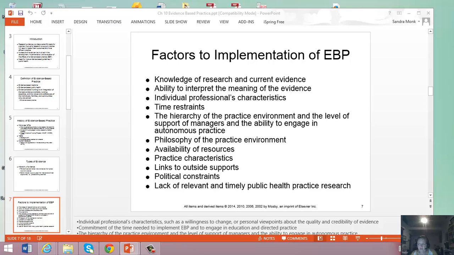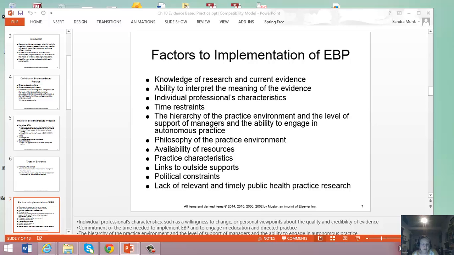And then what kind of resources are available, such as the amount of work, do you have the proper equipment, the computer-based evidence-based programs, information systems, do you have somebody who will help you set up some systems on the IT system? Is it possible to track data, and can somebody help you with that? Somebody there to help you with your statistics that you want to run. The practice characteristics such as leadership and collegial attitudes.